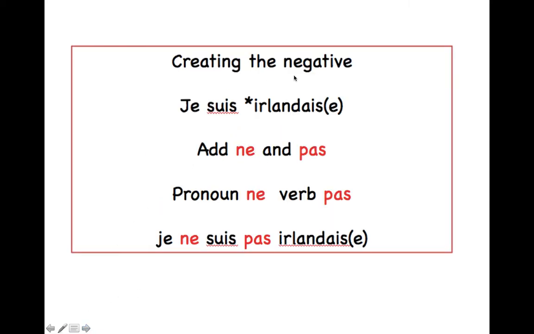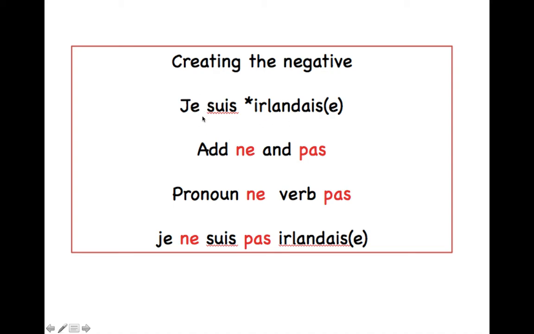So if you want to create a negative, so you want to say I'm not Irish, you have to imagine the phrase as a sandwich, and you have two pieces of bread and something in the middle. So here we have the pronoun je, suis is the verb, and irlandais is the nationality.